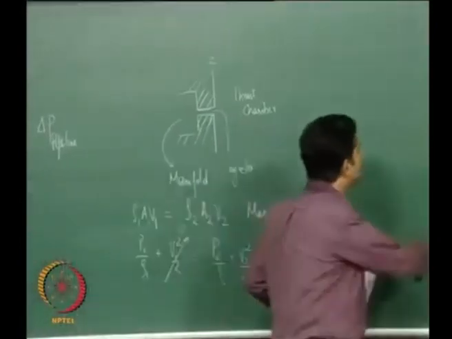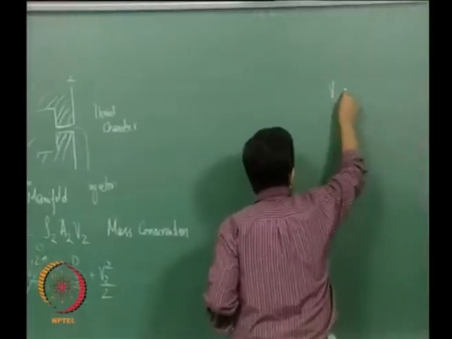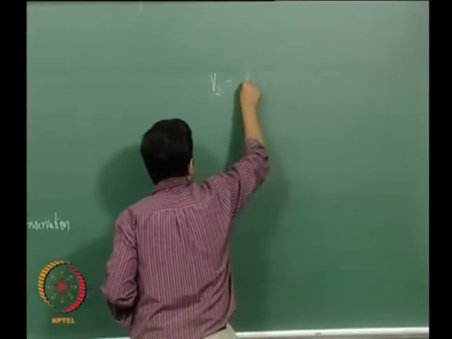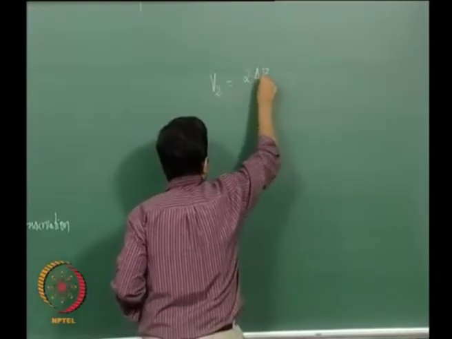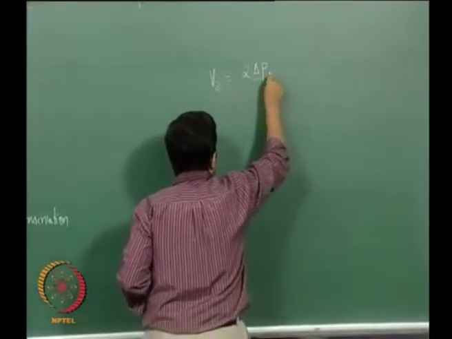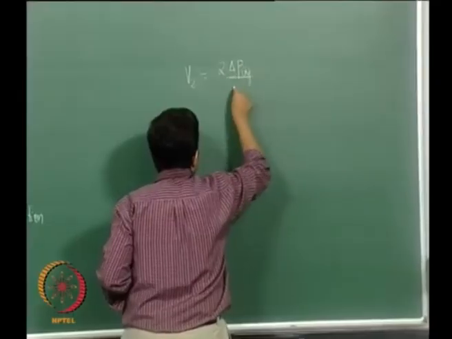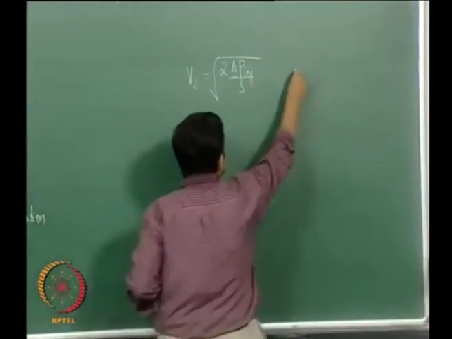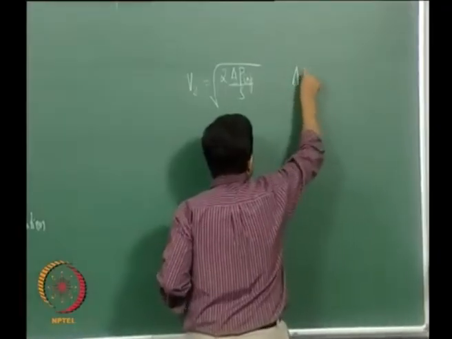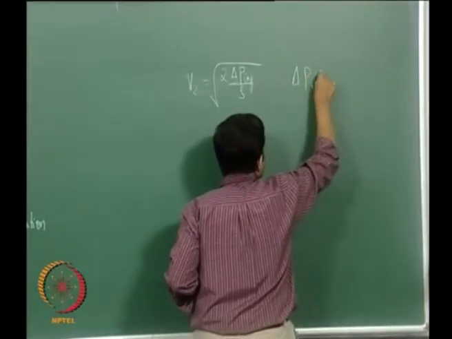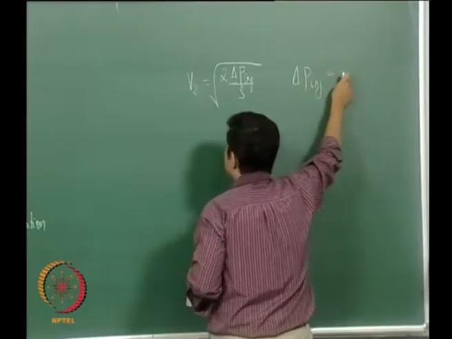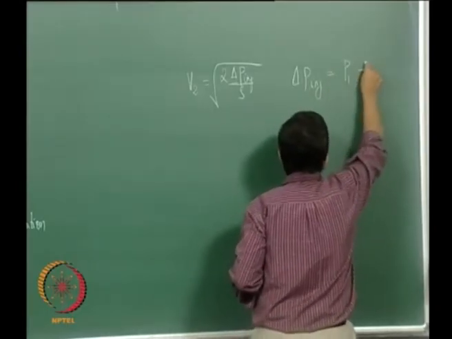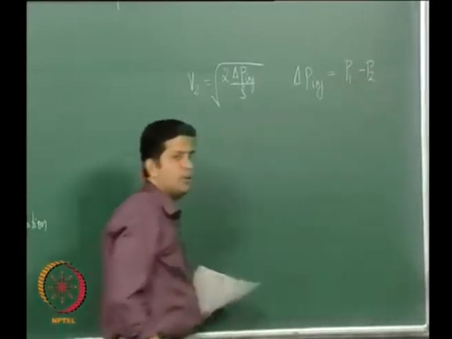So, V2 would be delta P injector is equal to P1 minus P2, fine.